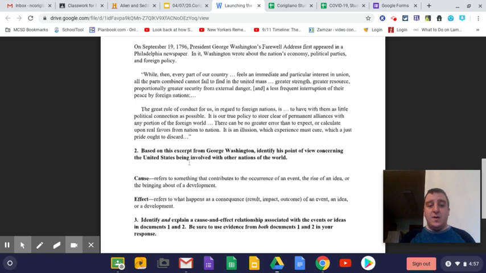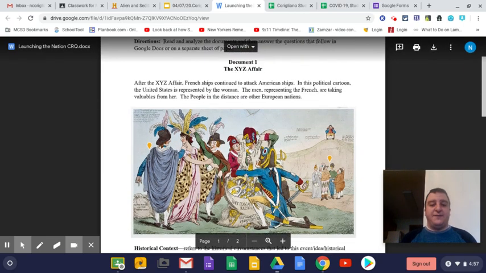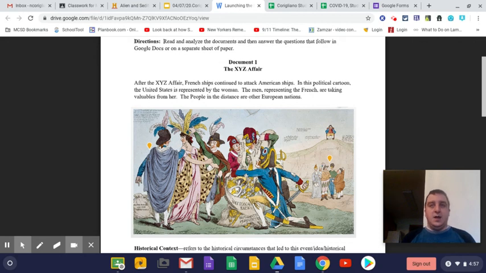By the time we get to John Adams in 1796, he's not going to take the suggestion of George Washington. What he's going to do instead is try to improve the relationship that the United States has with France. He thinks that's a good idea. He thinks that's the way the United States should go.